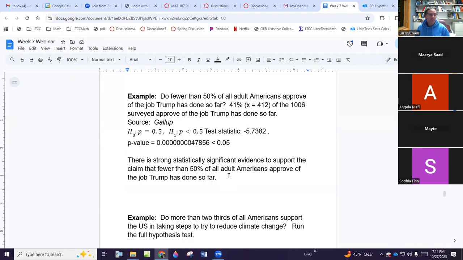Any questions? Any questions on this example? I do want to let you know that interpreting or talking about the conclusion is much more important than interpreting the p-value and the level of significance.